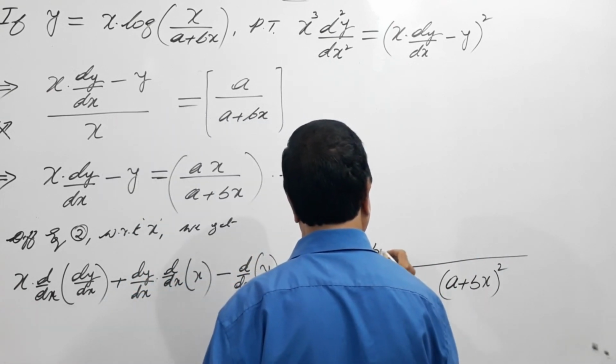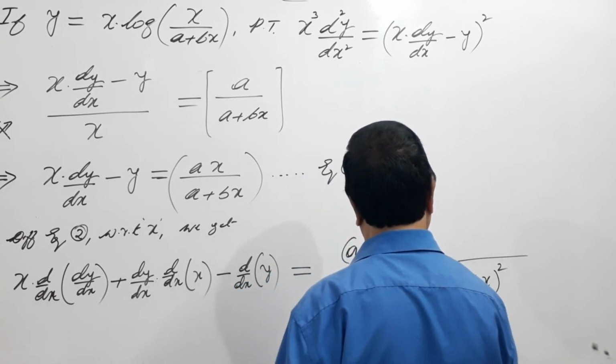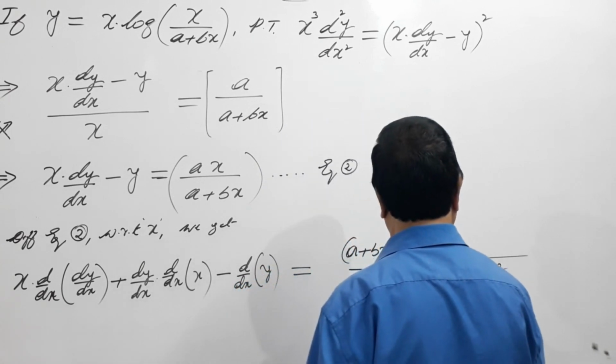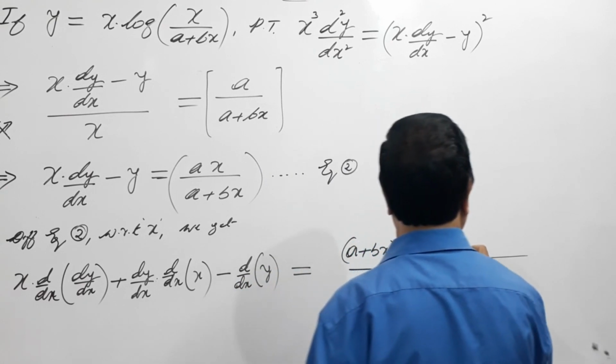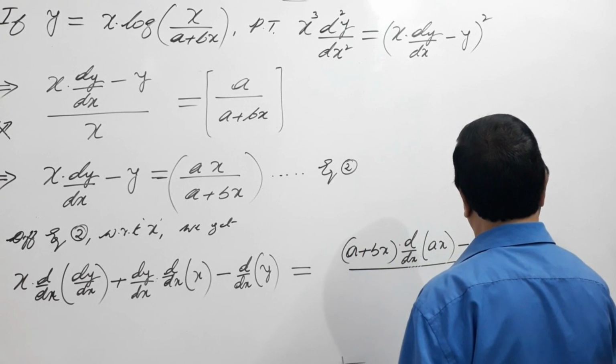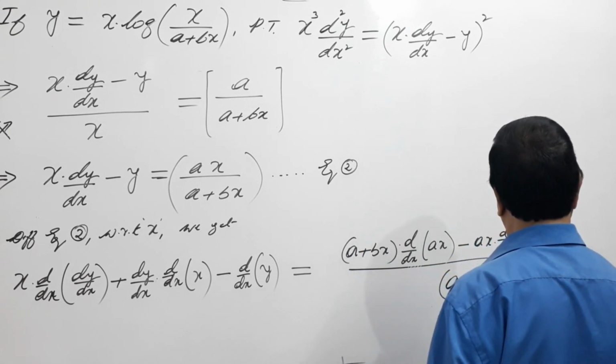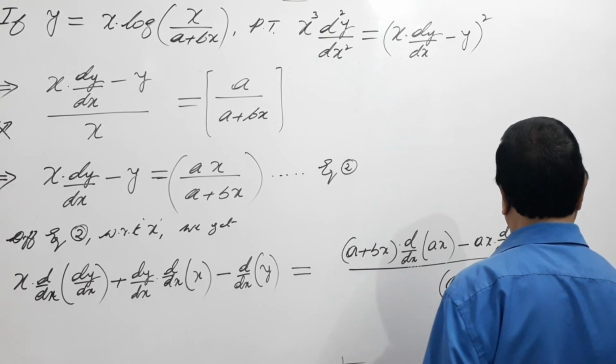A plus bx into d by dx of ax minus ax into d by dx of a plus bx.